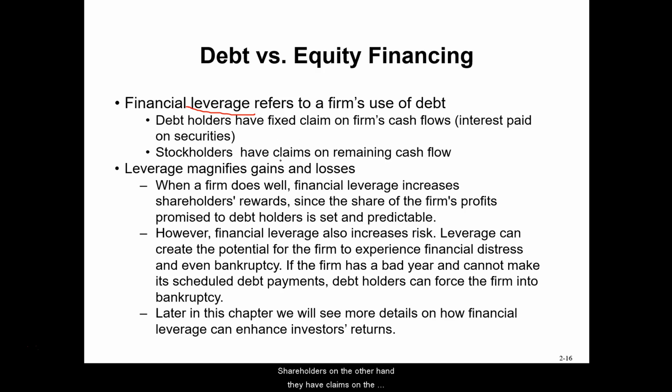Shareholders, on the other hand, have claims on the remaining cash flow, meaning the cash flow left by the company after they paid the debt holders. So how much can be left is unknown. Leverage can magnify gains and losses for the stockholders. If a company does very well, financial leverage can increase the reward for shareholders.